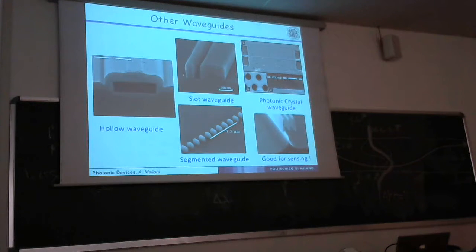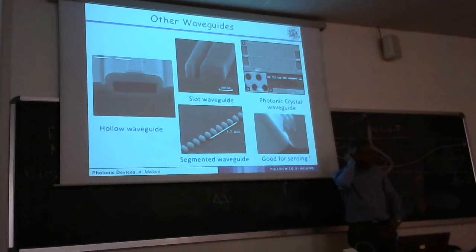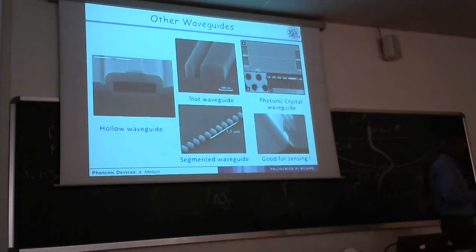Here you see, let me say, not really conventional waveguides, but waveguides as well. So this one, for example, is similar to the previous one, so a rectangular core and the substrate, but there is a hole here, a slot. This is called a slot waveguide. This is a very, let me say, bad waveguide for the propagation of the light, but it's an extremely good waveguide for sensing.